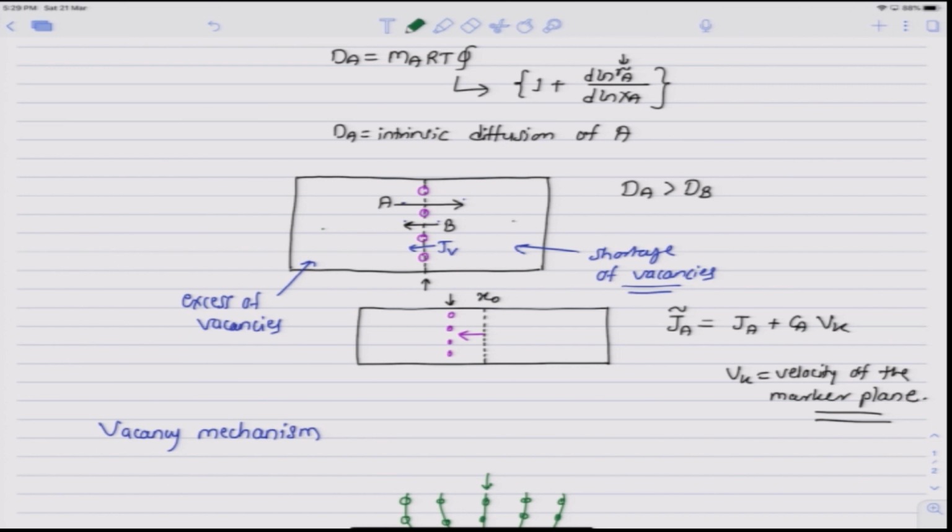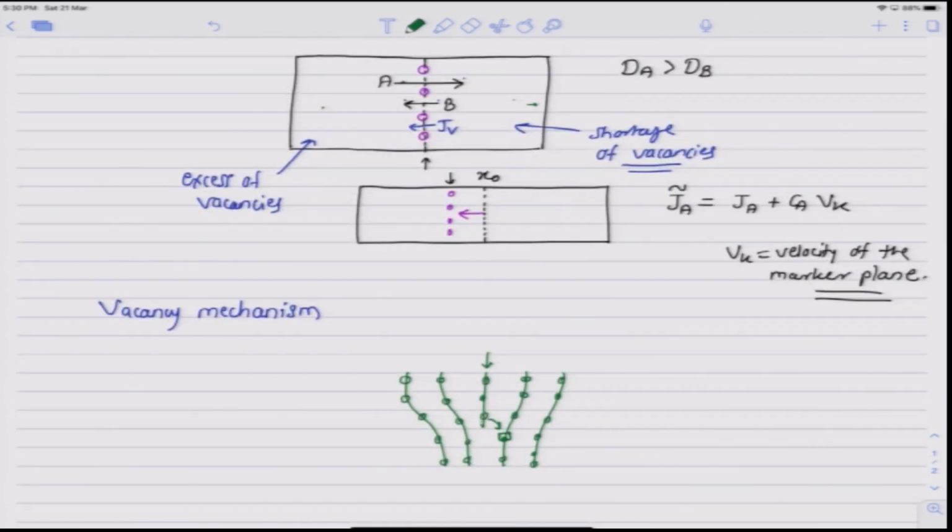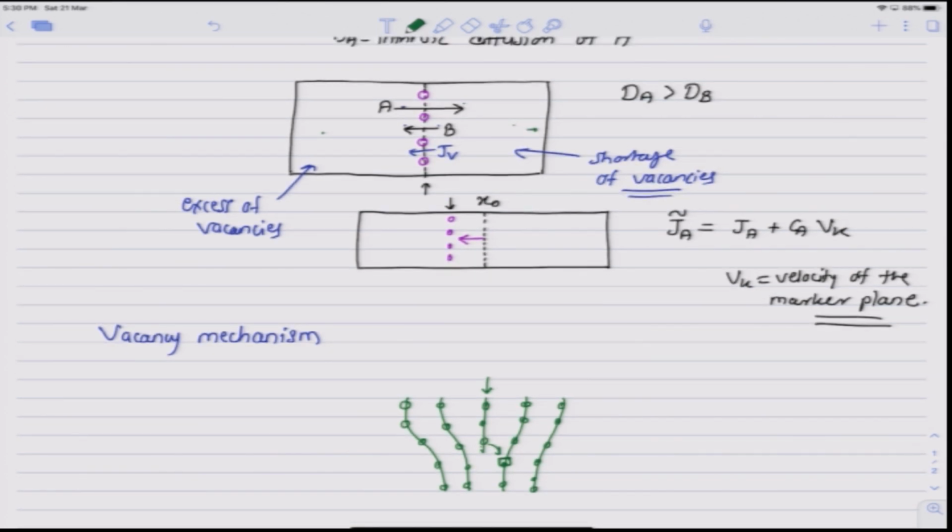Whereas on the right hand side exactly the opposite process will occur, because the vacancies will be created there. So the vacancies will be introduced into the lattice and extra half planes will be introduced, and hence this side will look like it has expanded. And this is how physically the marker will look like, as if it is moving in the direction opposite to the direction of diffusion of the faster moving component, in this case opposite to the diffusion direction of A.